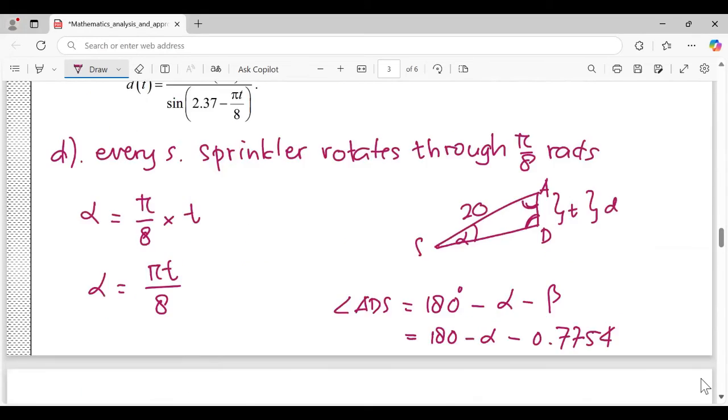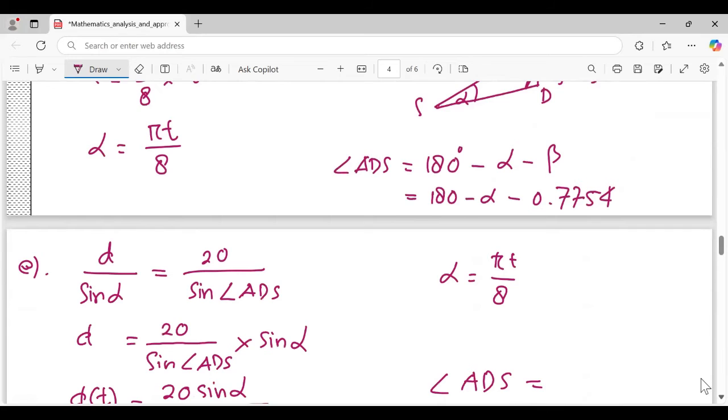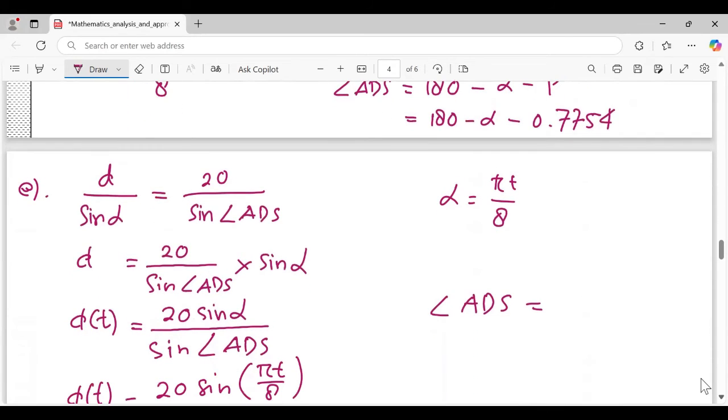So it means angle ADS equals 180 minus this one. But we have to convert this into radians, which is 3.14 minus 0.7754 minus alpha.